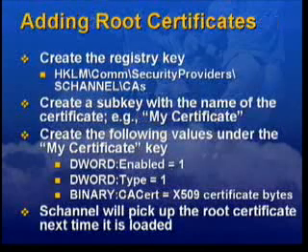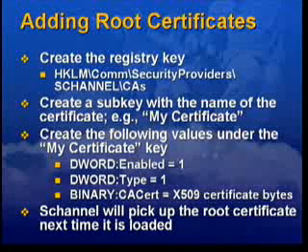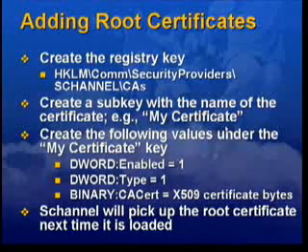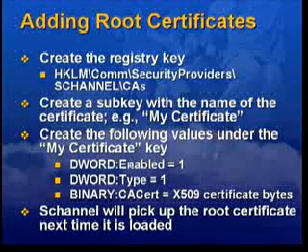You create a registry key under HKEY_LOCAL_MACHINE, COM, SecurityProviders, S-channel, CertificateAuthorities. You create a key with the name of your certificate. Under that key, you have these values. You have one for enable or disable, and one for type, which is a DWORD.